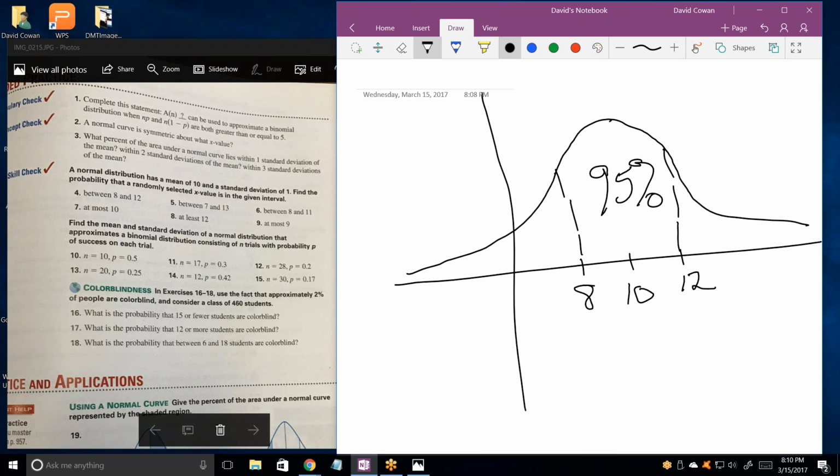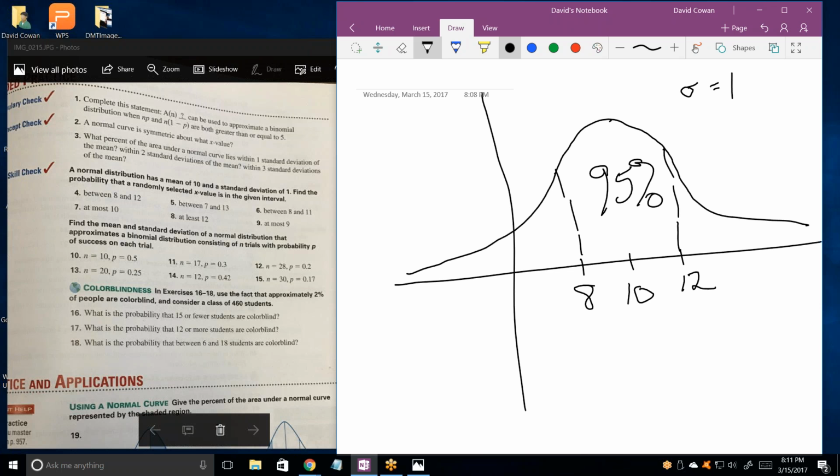So the mean is the standard deviation. The total area under the curve is 1. 68% of the area lies within 1 standard deviation of the mean. And this is within 2 standard deviations of the mean. Remember, our standard deviation was 1.